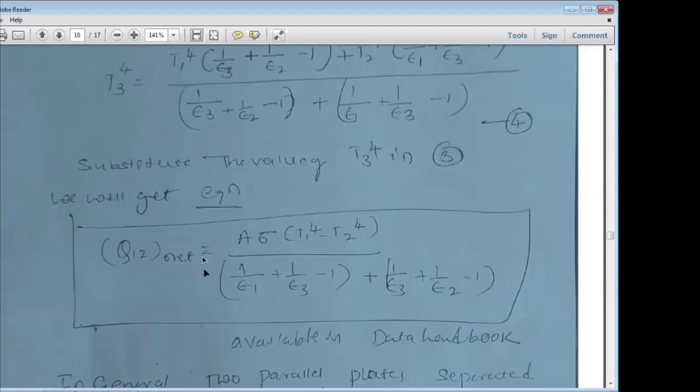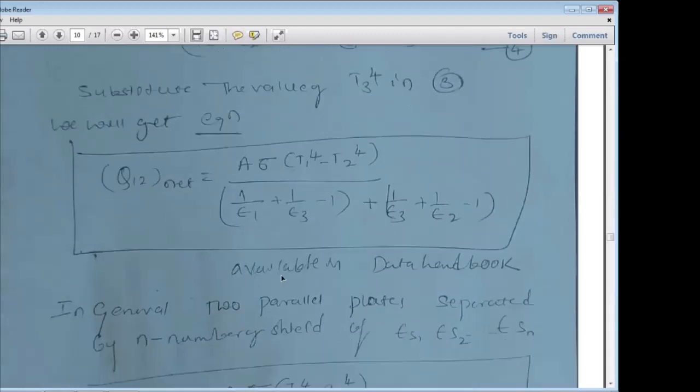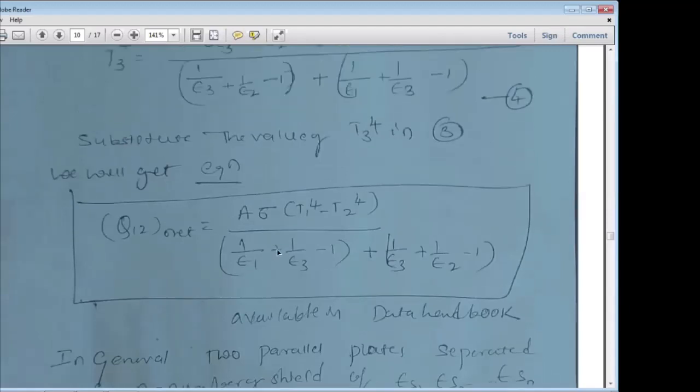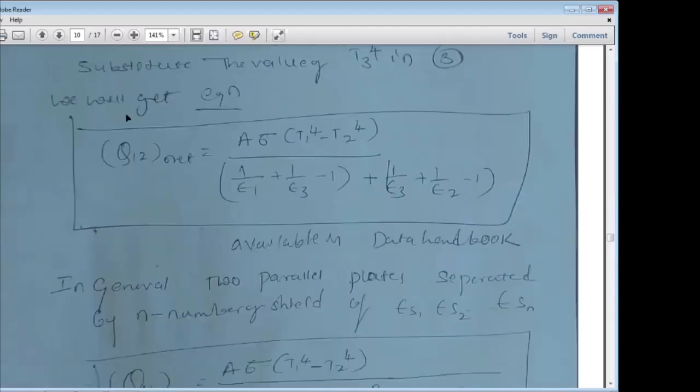This gives the net heat transfer between the two plates with the radiation shield inserted. This is not available in the data handbook, but they will not ask any derivations, only numericals. You should know these formulas.